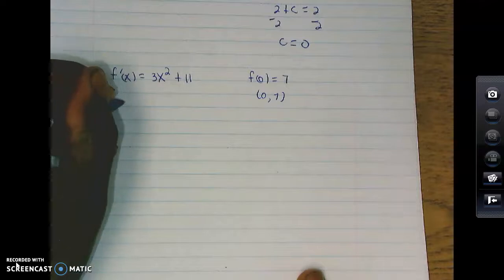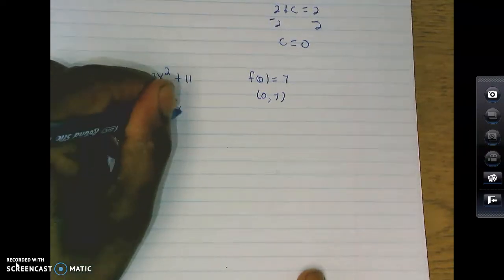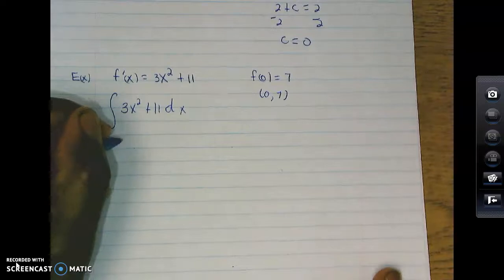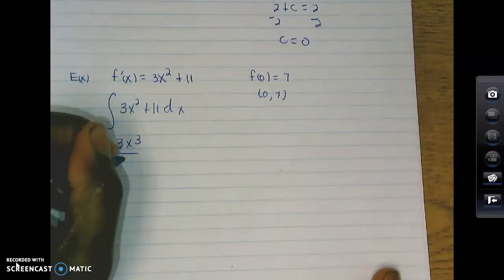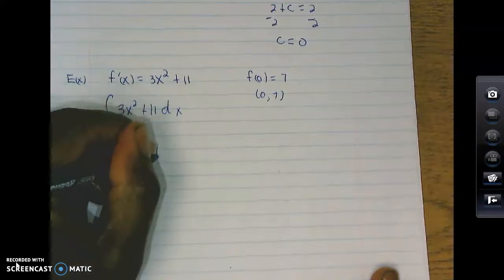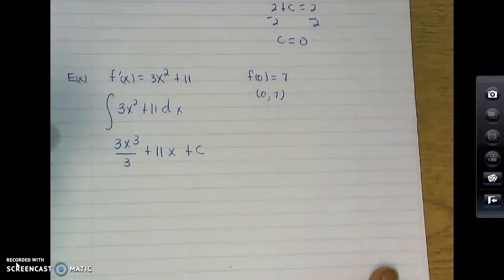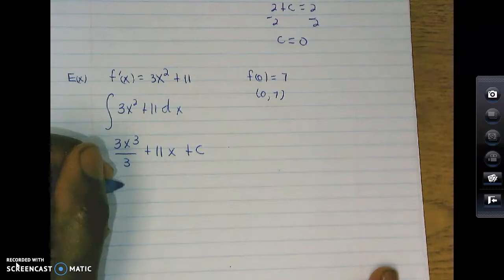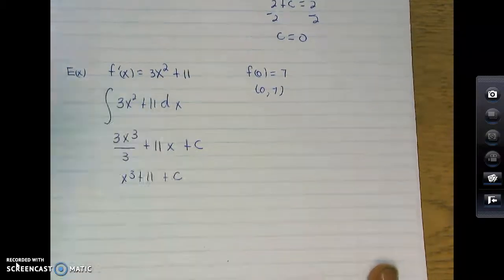So I'm going to integrate 3x squared plus 11, and I'm going to do that with respect to x. So that integration is going to be 3x to the third power over 3 plus 11x plus c. So I can reduce that. That's going to give me x cubed plus 11x plus c.